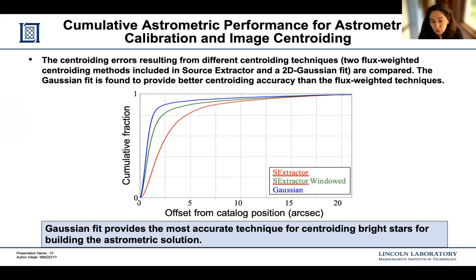I'll note that it's very important when applying the astrometric solution to use the same method to measure the centroid to generate the solution and to measure the data. Because if you take a solution that was developed using one method of image centroiding and apply it to your data with a different method, there will be biases, particularly at larger field angles. So we find that the 2D Gaussian fit provides the most accurate technique for centroiding the bright stars, and the fitted astrometry is quite good, shown here in the blue line.